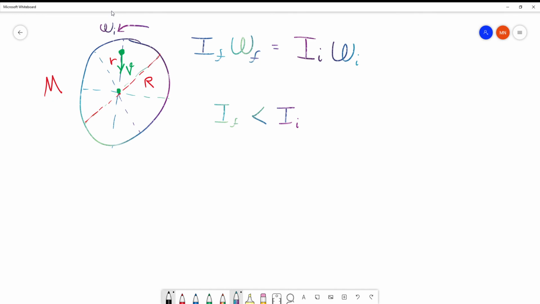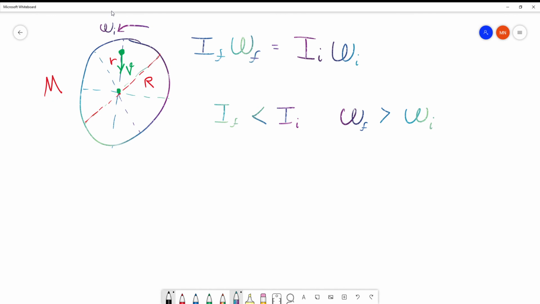Because of this, the final angular velocity is going to be greater than the initial angular velocity, like the skater bringing her arms in and spinning a little bit faster. That's good, but that doesn't answer the question quantitatively.